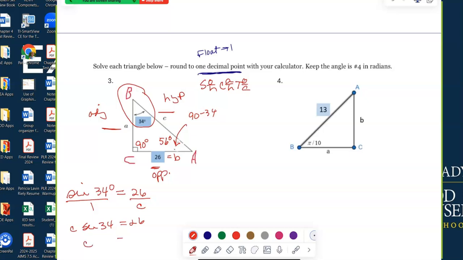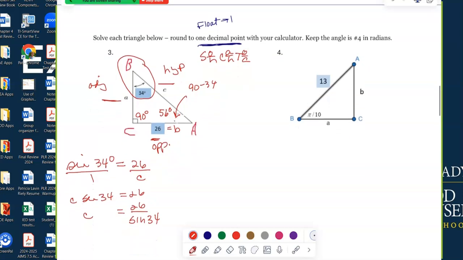So therefore C equals 26 over the sine of 34. And my calculator goes 26 divided by the sine of 34. So I waited to the last step. That's going to give me a value for C of 42.9.